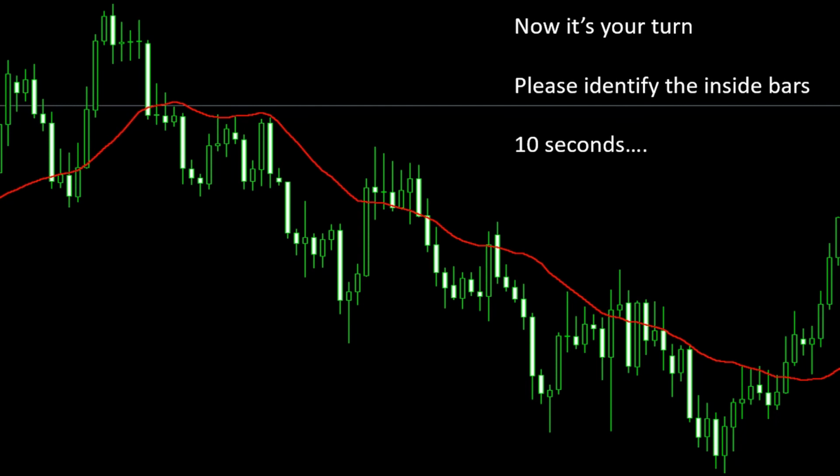Or you may think that you can also take the inside bar here. Why not? You have a good risk ratio here. You can. So again my advice is you must see a clear downtrend.